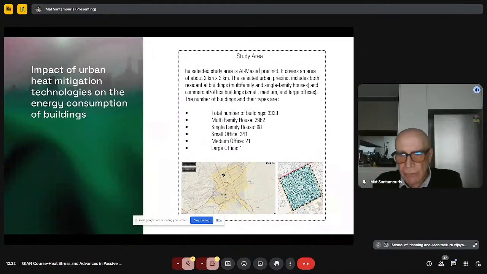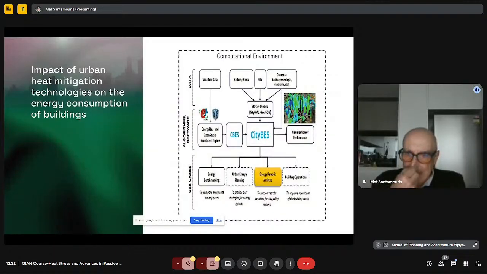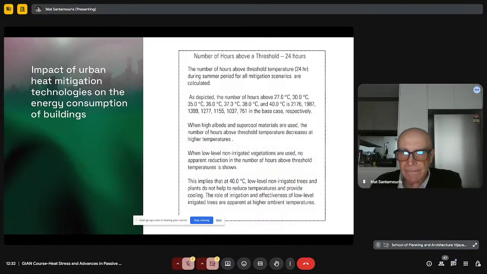This was done on the supercomputer of Berkeley Laboratory in San Francisco, using advanced simulation techniques. We used the so-called City-Based facility of the Berkeley Laboratory, using EnergyPlus and OpenStudio as the simulation engine. I don't like to go through all these details. This part is published in Nature Cities. If you are interested, I can send you the paper, and you can see all these details.